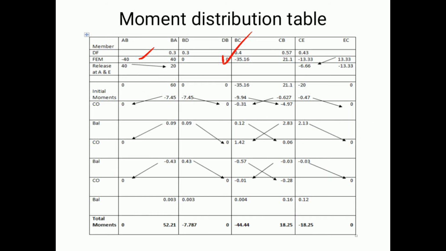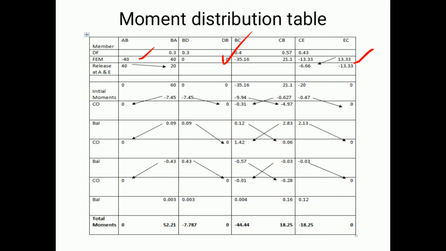The next support is support E here. In case of support E, with E as origin, the span will be EC. In that case, we have the fixed end moment as 13.33 with a positive variation. In order to release this positive 13.33, I need to add the same magnitude but opposite sign convention of the moment, so that the overall moment of that member should be equal to 0.